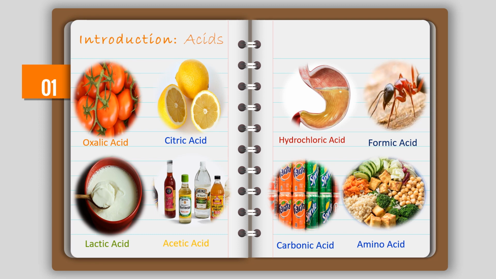For example, tomatoes consist of oxalic acid. Lemon consists of citric acid. Curd that we use contains lactic acid.